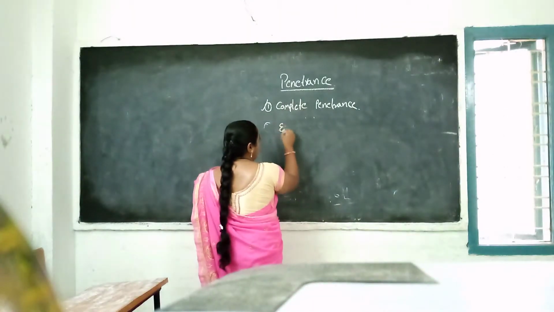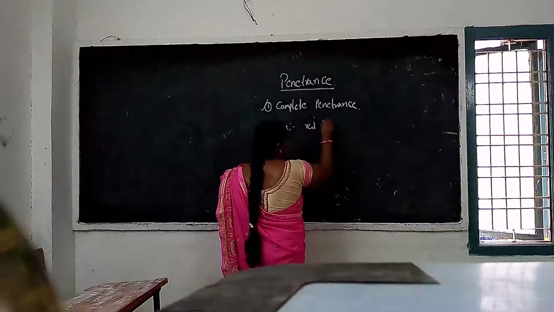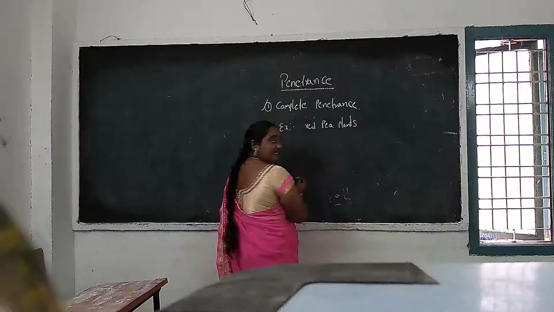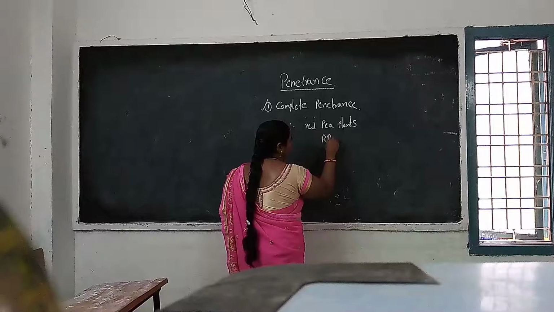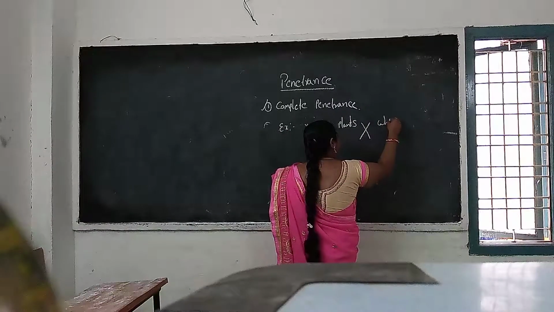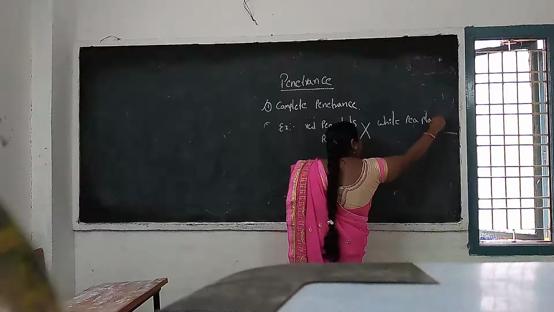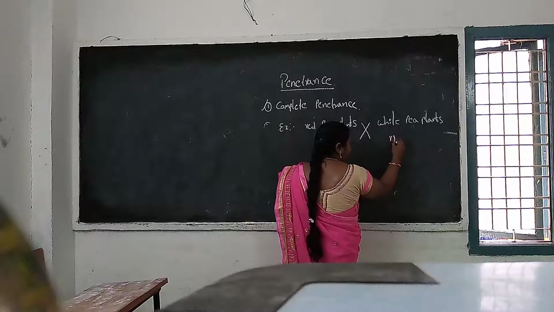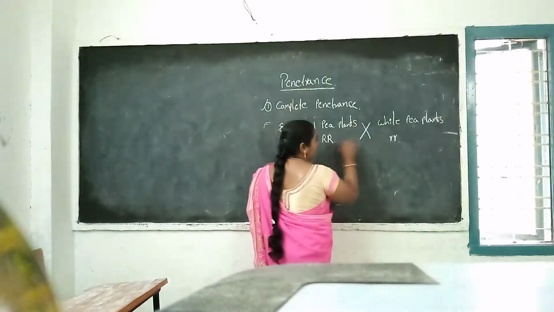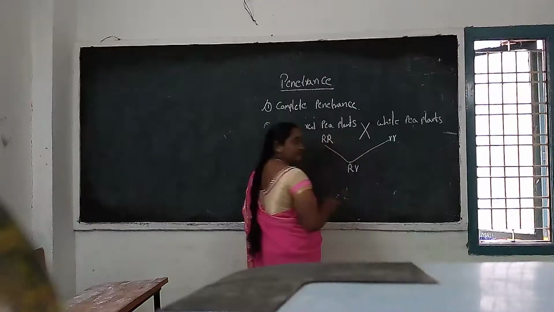The best example is red pea plants, represented by capital R, and white pea plants, represented by small r. Both are crossed to produce capital R, small r.